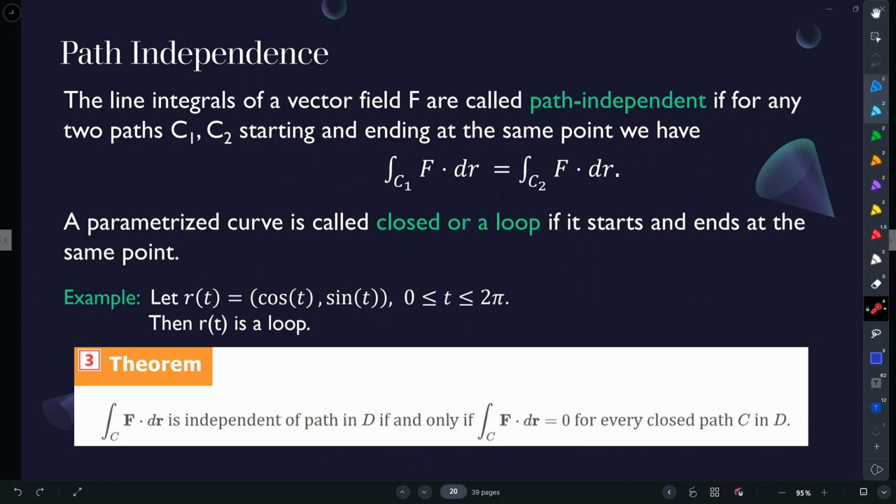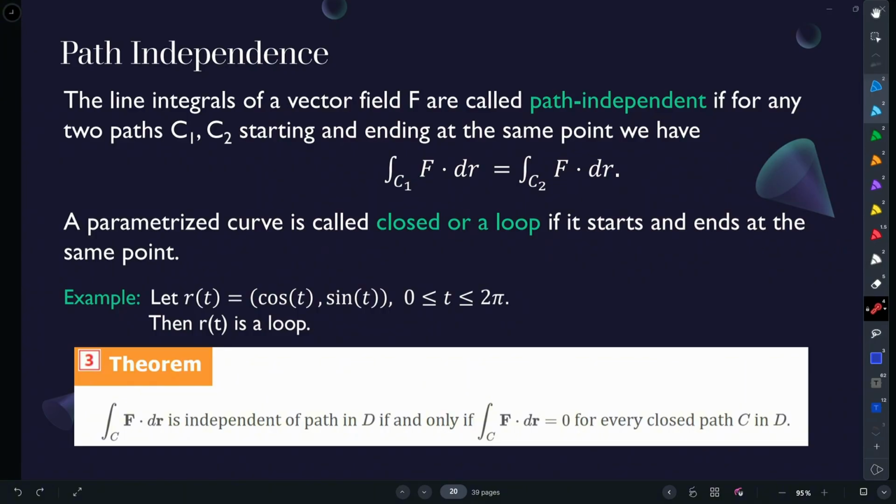So yeah, we also say that a parametrized curve is a closed curve or a loop if it starts and ends at the same point. If you have a path independent vector field, then you will always have that the line integral is 0 for closed paths.